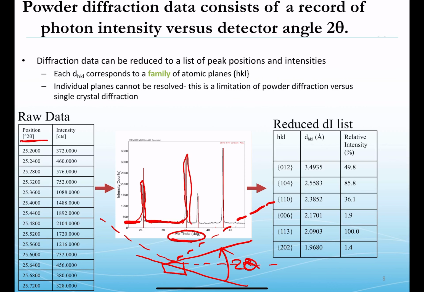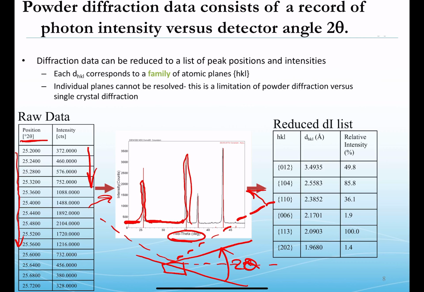So here we have the position 2 theta generated by the mechanics of moving the X-ray source and the detector sweeping towards each other through lots of options for 2 theta, and then monitoring the amount of intensity for the X-rays at that detector.